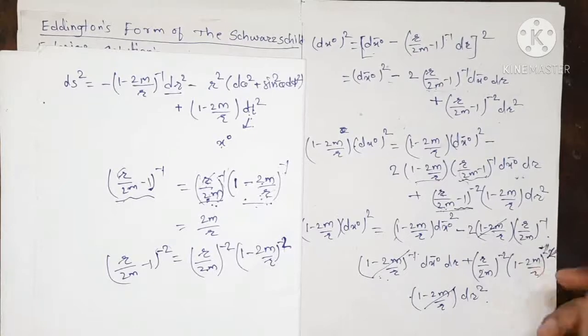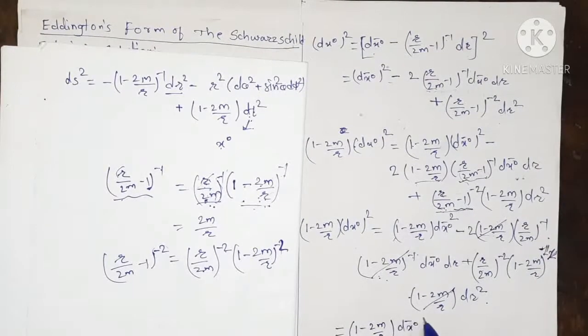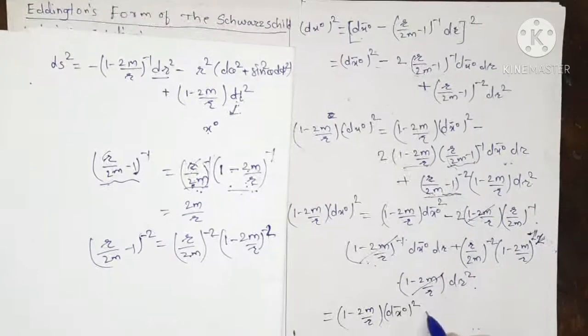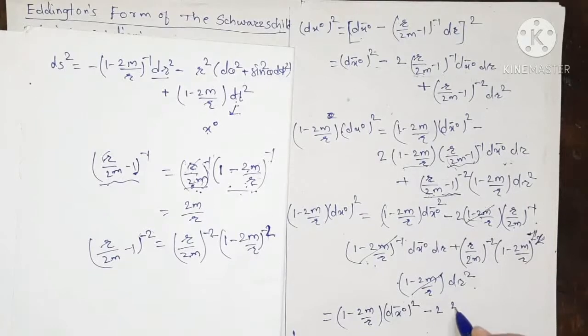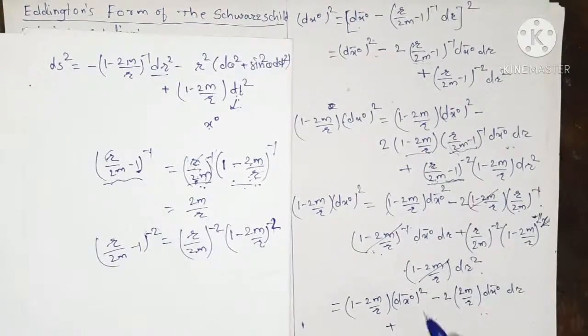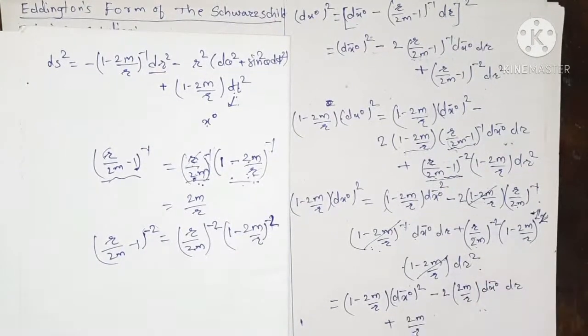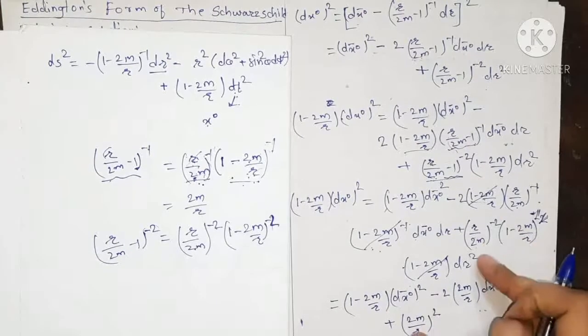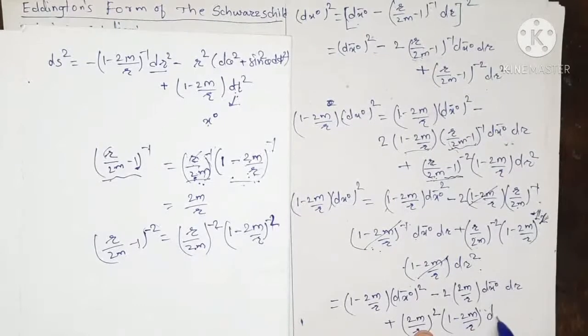Okay, so this is equal to 1 minus 2m upon r dx0 bar square, minus 2 r upon 2m, its inverse is nothing but 2m upon r, dx0 bar into dr, plus r upon 2m to the power minus 2 is nothing but 2m upon r, its square, that is we take the reciprocal of that, 1 minus 2m upon r dr square.